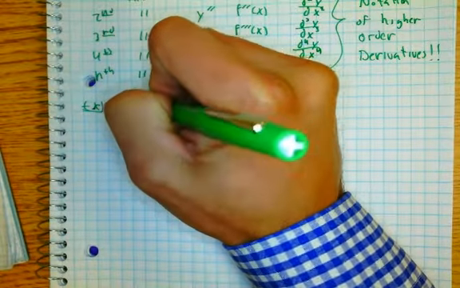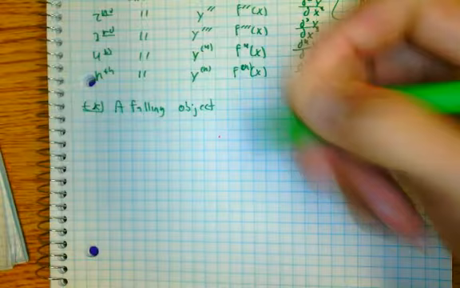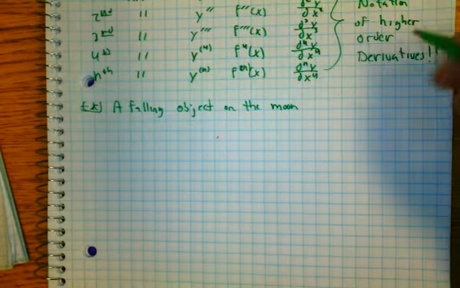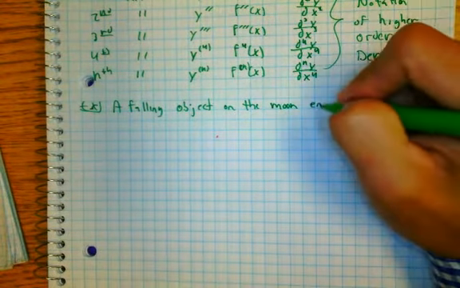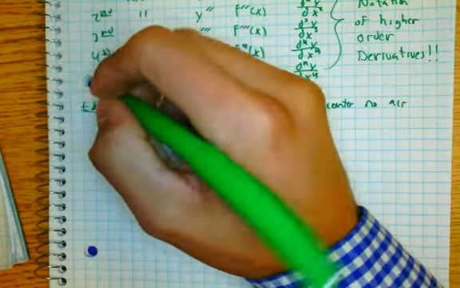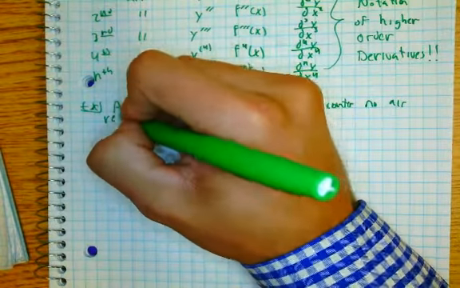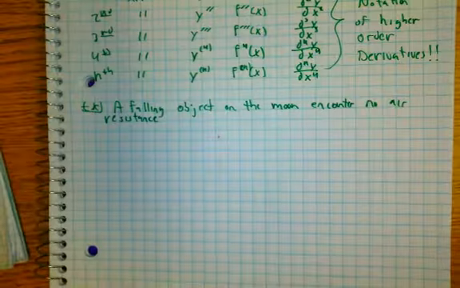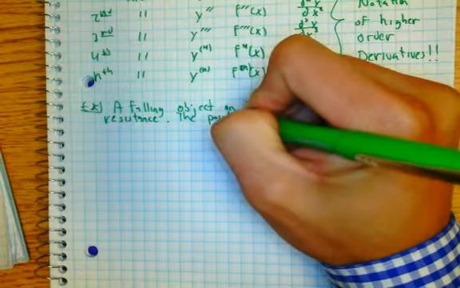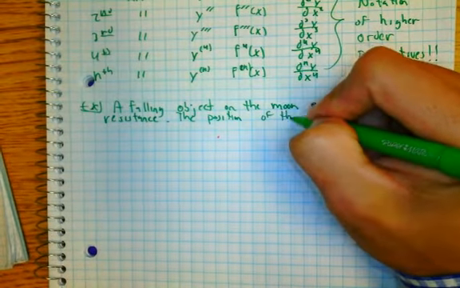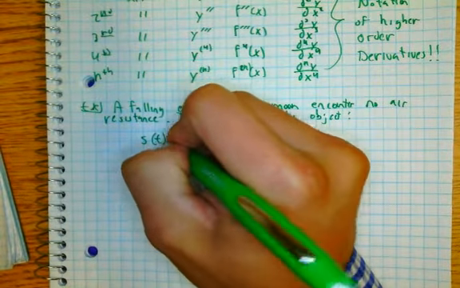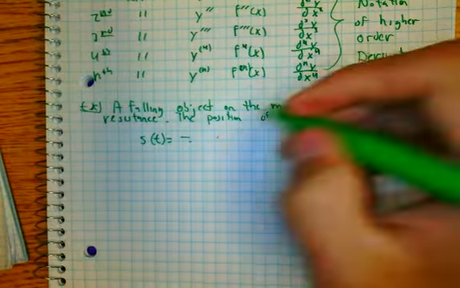So the position of the object is given by s of t equals negative 0.81 t squared plus 2, and the units for this are in meters. We have some object, a hammer or a feather or something, on the moon. There's no air resistance, so the position of the object is given by that function.